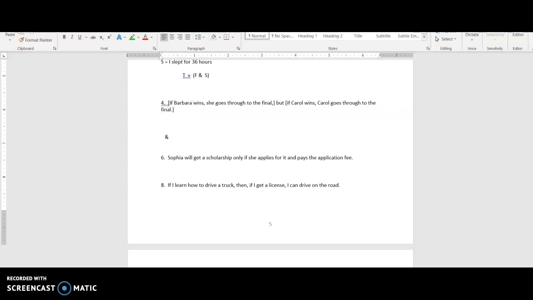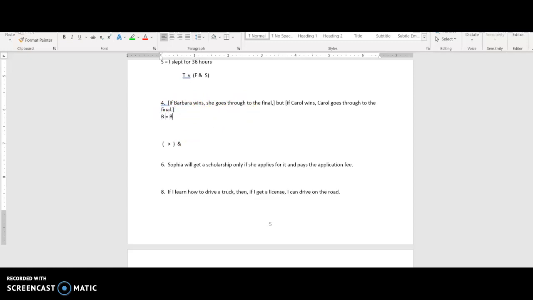And so now we can focus on the left conjunct. So our left conjunct is if Barbara wins, she goes through to the final, right? So that means this is going to be a conditional. If something, then something. So what's the if? B equals Barbara wins.